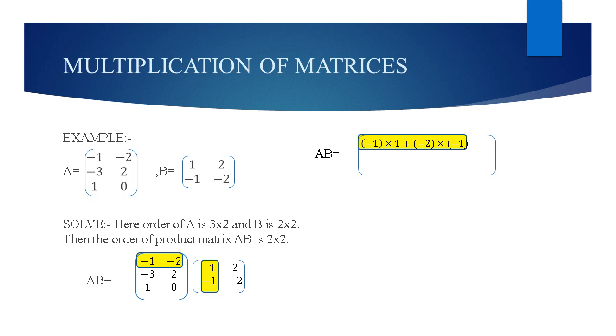First matrix, first row is multiplied with first column. Yellow row and yellow column should be multiplied to get the element which is highlighted in yellow color. So -1 into 1 plus -2 into -1. After solving this, we will get the answer.